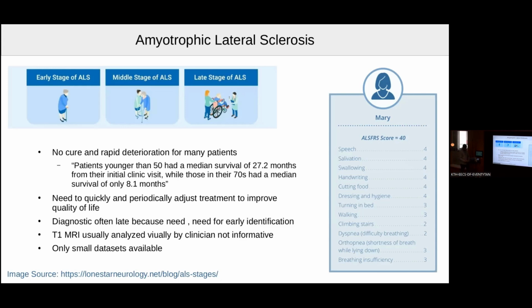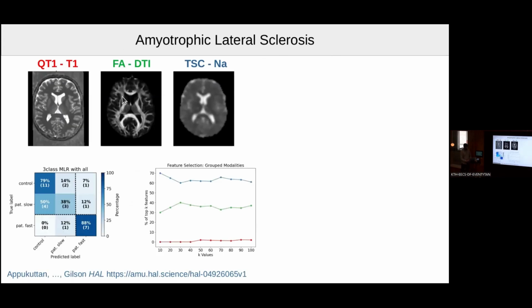And I guess I'll skip that, just mentioning that we are also working on some acquisition of clinical data now in Marseille. So for example, with amyotrophic lateral sclerosis. And so there we are trying to combine different modalities of MRI.